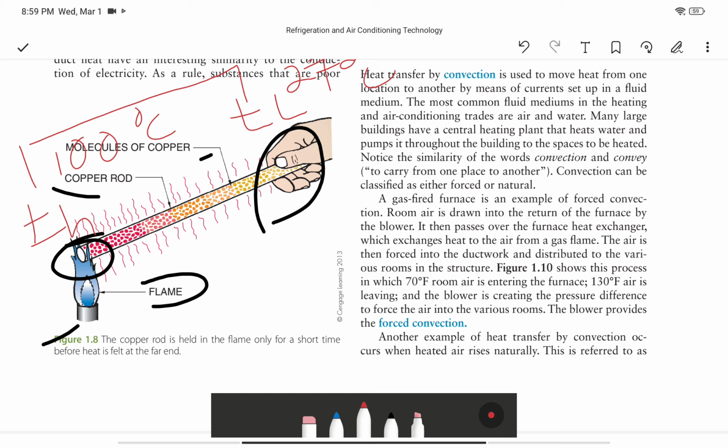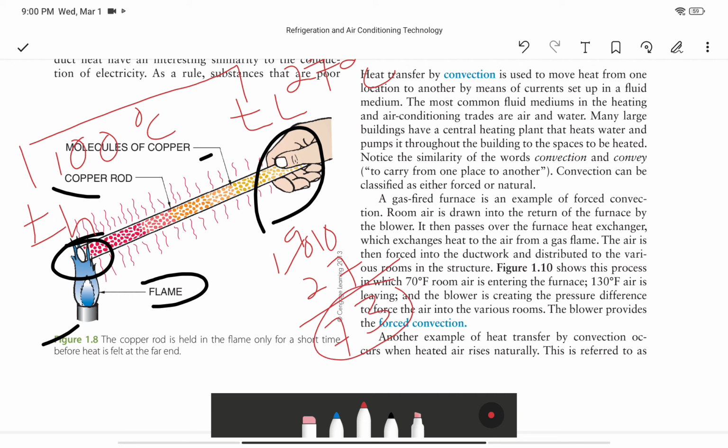There is a difference of how much? 100 minus 27 is 73.